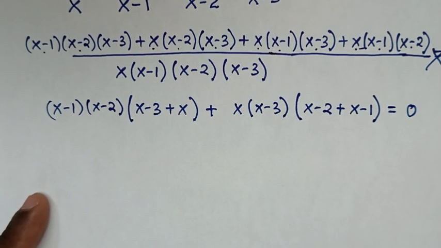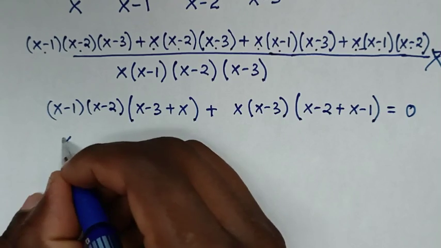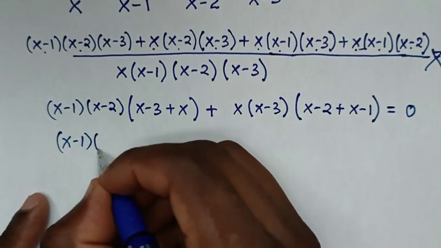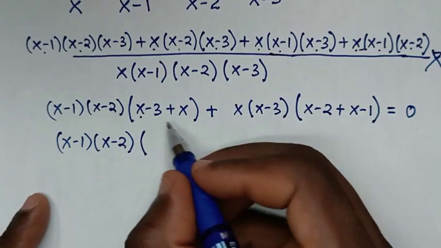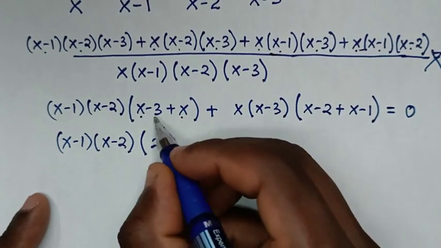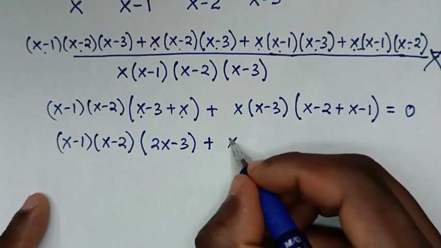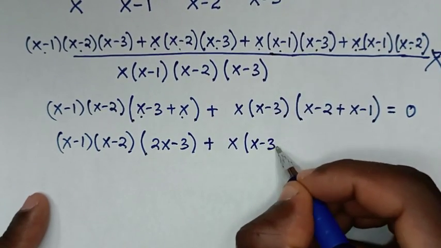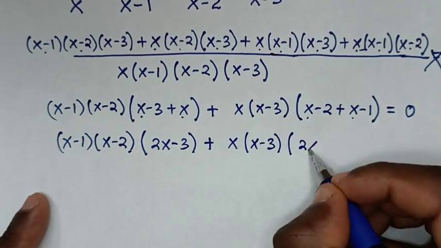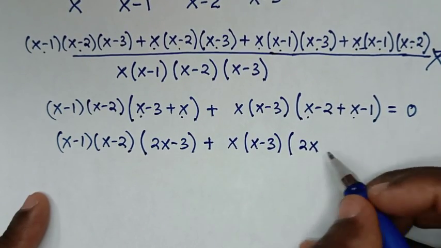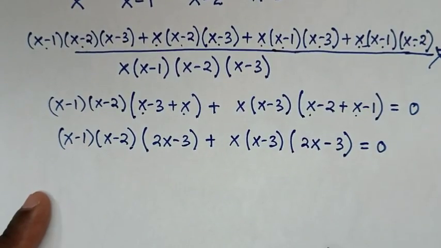Then in the next step, it will be this, which is (x minus 1)(x minus 2), then (x plus x is 2x, then minus 3) plus this x(x minus 3), then (x plus x is 2x, this minus this is minus 3) is equal to 0.